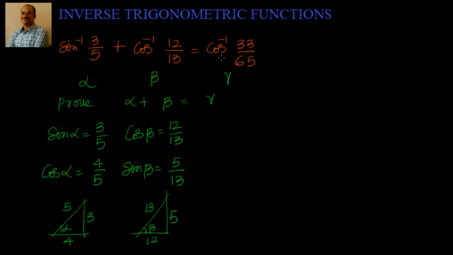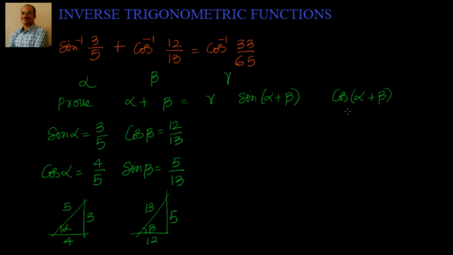If I apply it on right hand side, it becomes cos of gamma, which is nothing but equal to 33 by 65. So let's try to apply both sine and cos on this. I will find out what is sine of alpha plus beta, and similarly I will find out also what is cos of alpha plus beta. Why am I doing that? To also check which quadrant alpha plus beta is lying in.